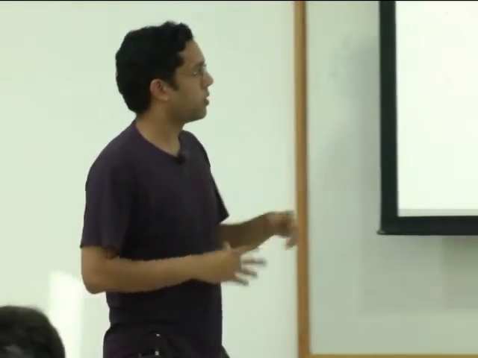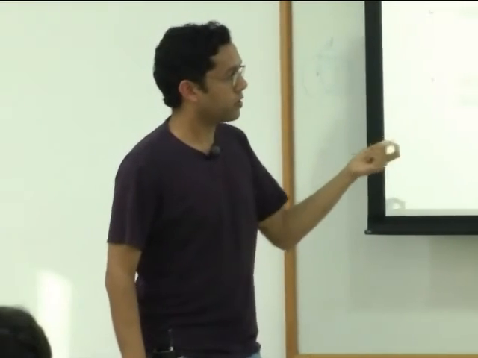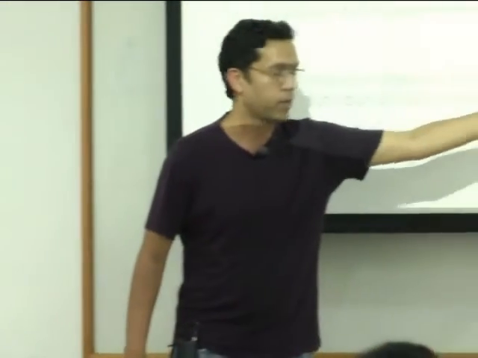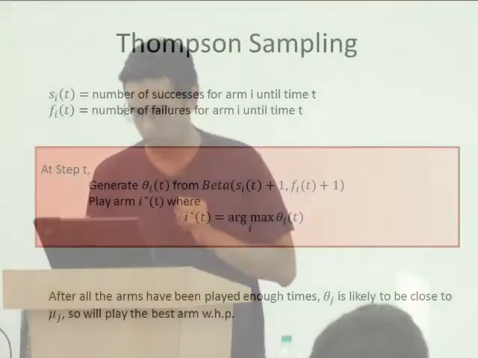And as the number of plays increases, as you try an arm more and more often, then this distribution gets concentrated, as we saw before, around the empirical mean, and the empirical mean gets close to the actual mean. So our information about that arm converges to the right distribution.